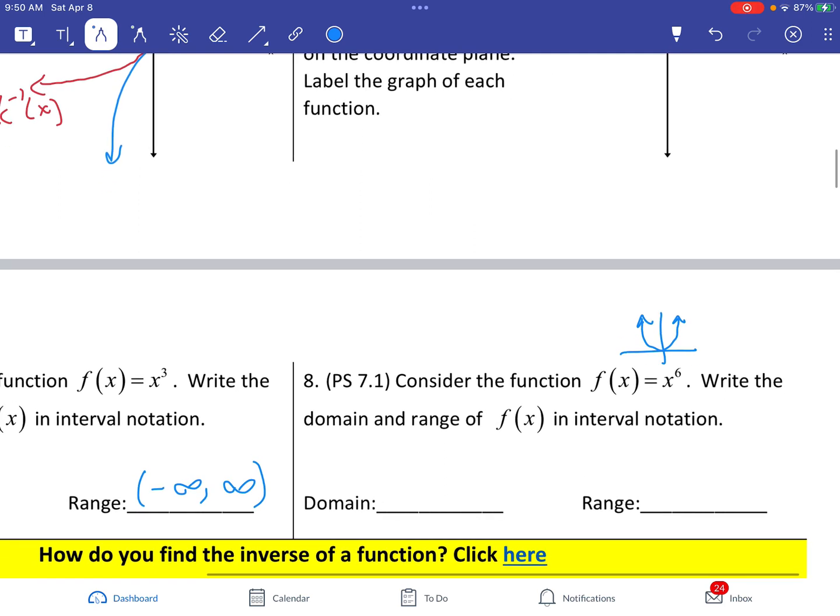Okay, so the domain of that would be negative infinity to positive infinity. And the range, the y values, would start at 0 and go up to positive infinity. All right. Now, if it had said that we restrict the domains, both of them would be 0 to positive infinity.